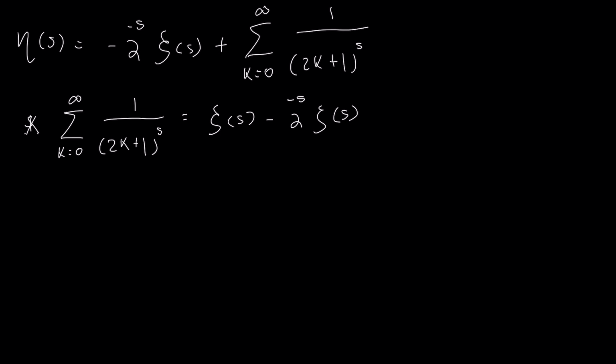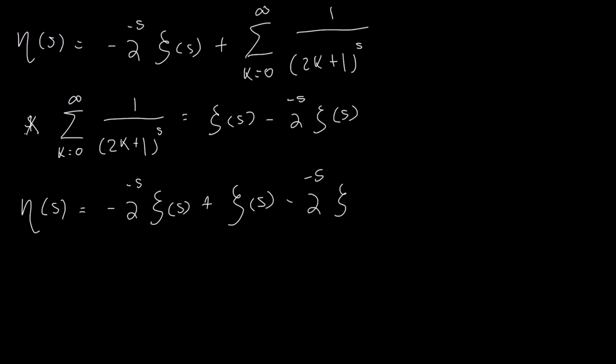So now all we do is plug it into this equation. So you have eta s is negative 2 to the negative s zeta s, and then plus zeta s minus 2 to the negative s zeta s.